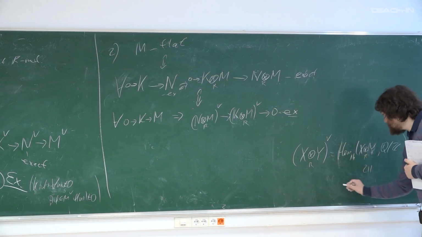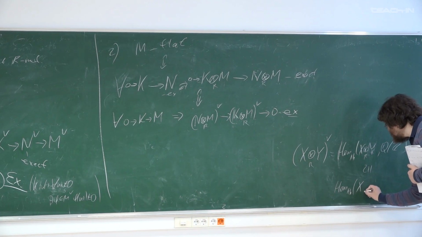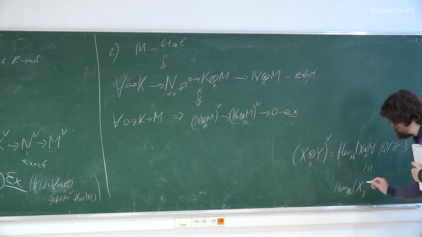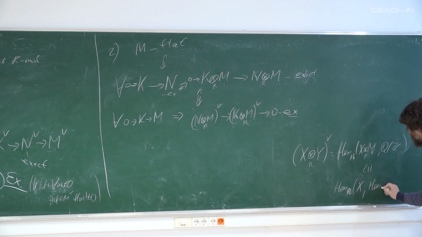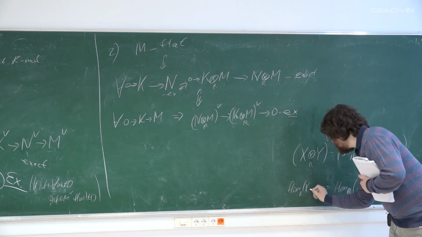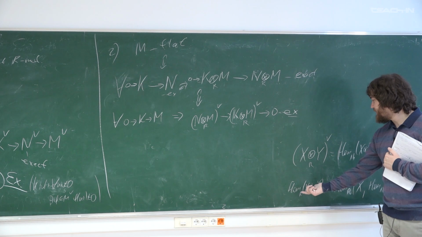It's isomorphic to Hom of X to, as R modules here already, Hom of abelian groups Y, Q modulo Z. So in fact, the check of the tensor product is Hom from X to Y check.